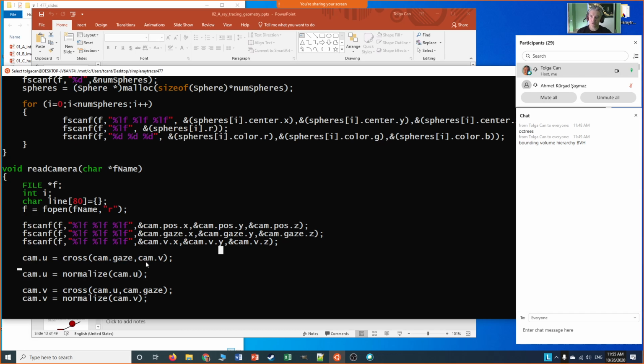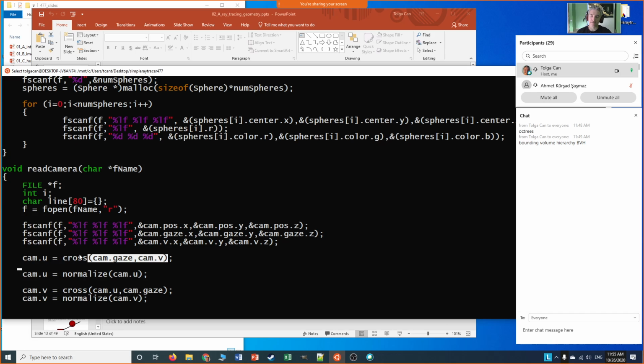As you can see, we first find the x-axis of the camera by cross-producting gaze and this v vector. You can cross-product these two vectors. They don't need to be orthogonal to each other at this point. At this point, cam v and cam gaze are not orthogonal to each other, but they define the plane.